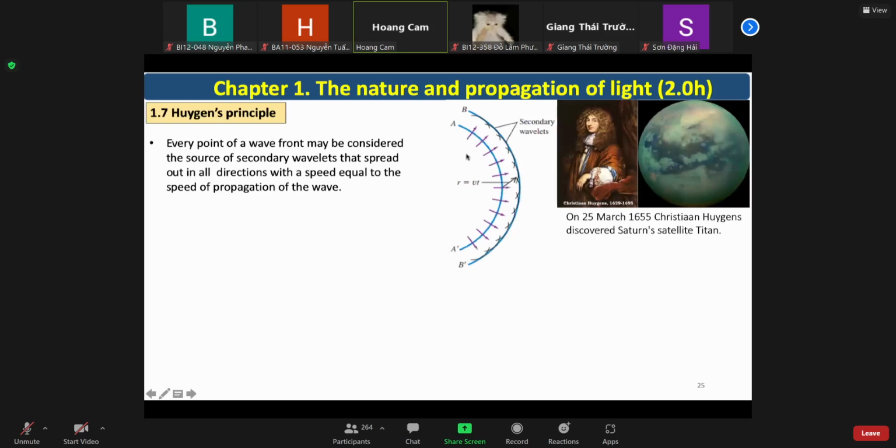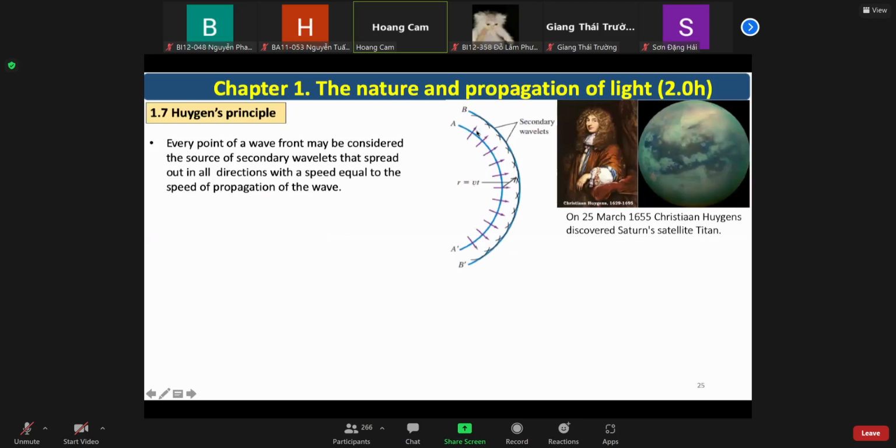You see here the ray of light in violet, and each point on this wavefront is a source that makes a new wavelet, and then you have a new wavefront. So AA prime is the first or original wavefront, and then we have the upcoming wavefronts, for example BB prime, CC prime, DD prime, and so on.